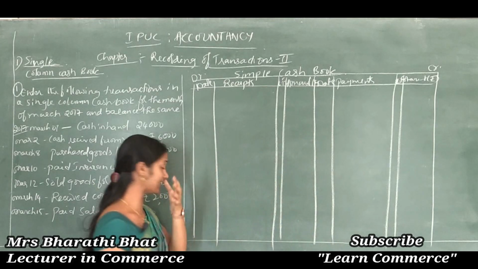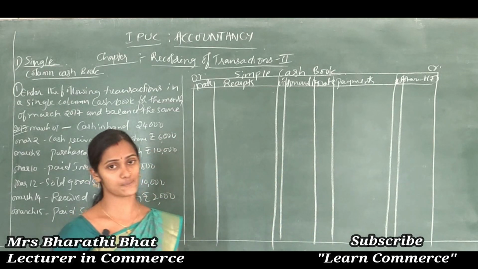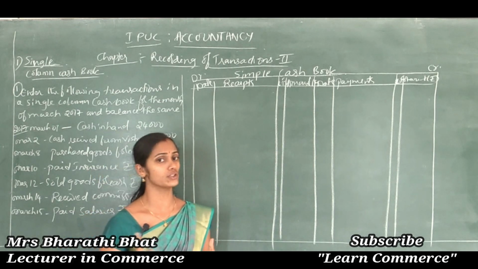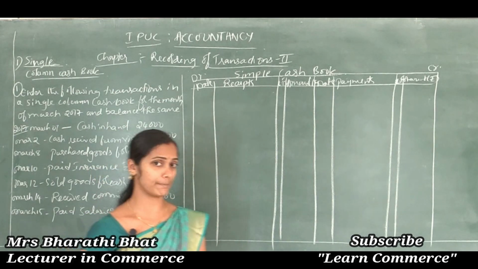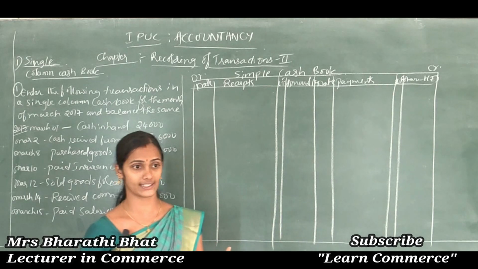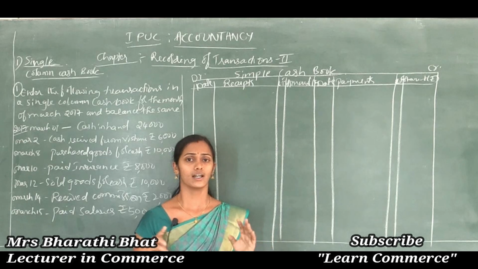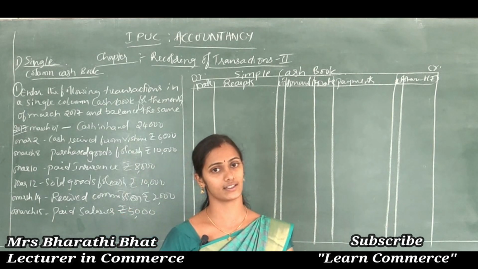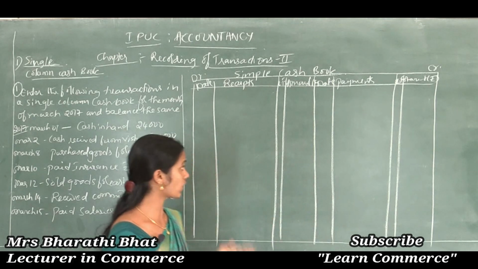I told you that in the cash book, there are three types: simple column cash book, double column cash book, and petty cash book. In the old syllabus one more cash book existed, the triple column cash book, but as per our current syllabus that portion does not exist.